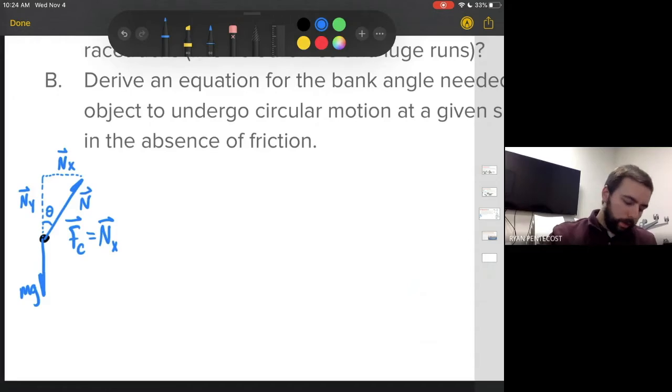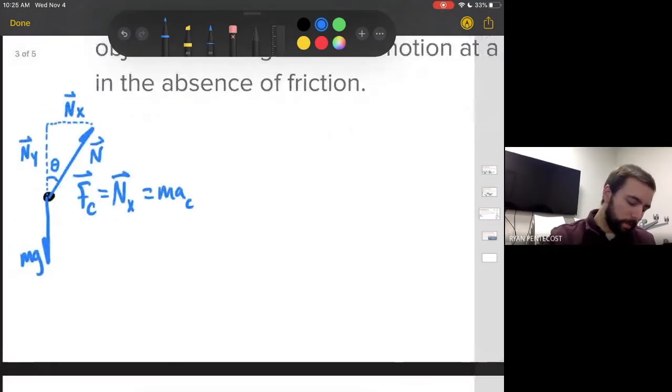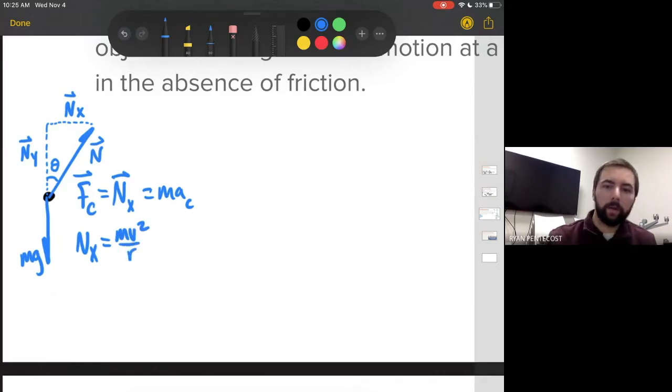Now, that means that normal force in the x must equal m a_c, the equation for centripetal force. So what do we want to use, v or omega? If we look back here, it does say given speed v. So we will use mv squared over r. So we have N_x equals mv squared divided by the radius of the turn.